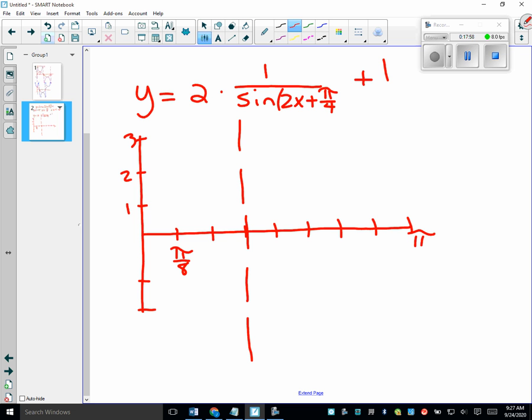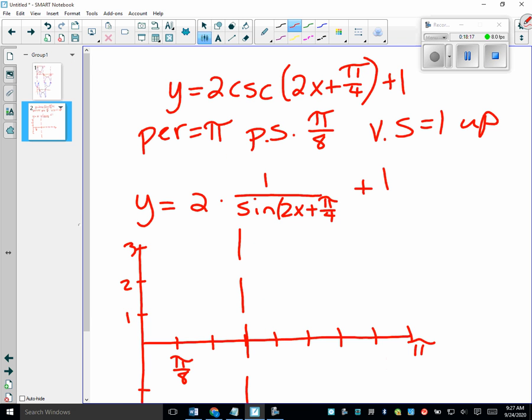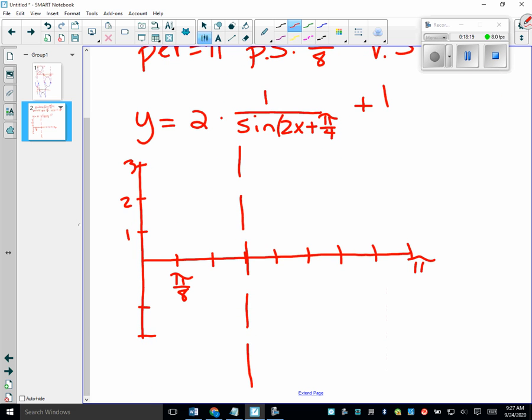Now, there is an asymptote every half a period. Do you agree? Every half a period, isn't there an asymptote? So on this one, negative pi over 8, and also 7 pi over 8.